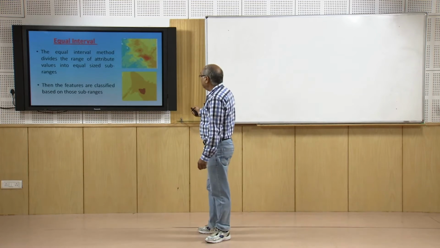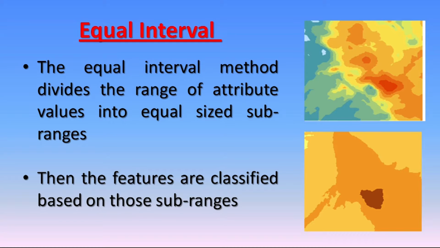An example is shown here. There is data in continuous fashion, a digital elevation example, and at equal interval it has been divided into, in this particular example, 4 classes. When the continuous data is discretized into 4 classes, its appearance changes completely, and therefore the interpretation has to be accordingly.